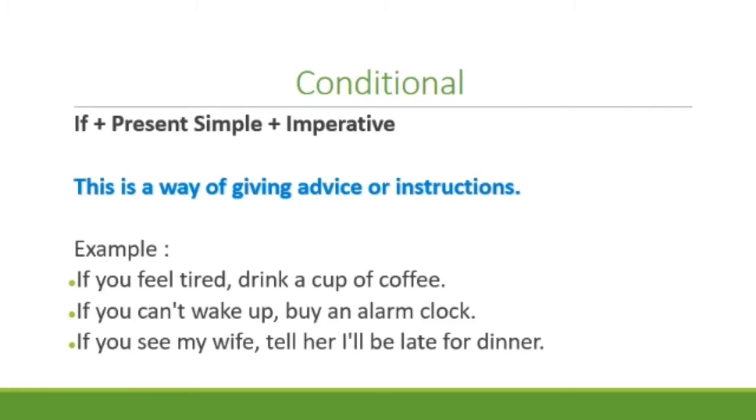Example: if you feel tired, drink a cup of coffee. If you can't wake up, buy an alarm clock. If you see my wife, tell her I will be late for dinner. So this is a way of using the first conditional with simple present and imperative.